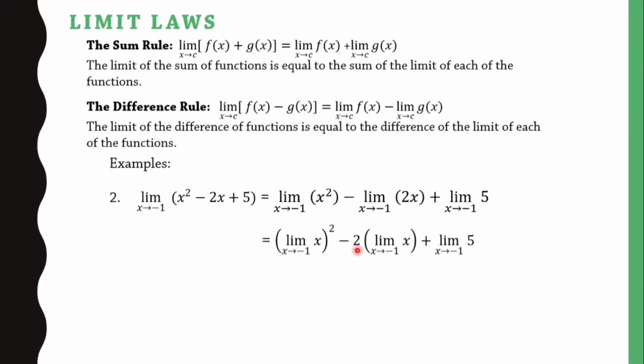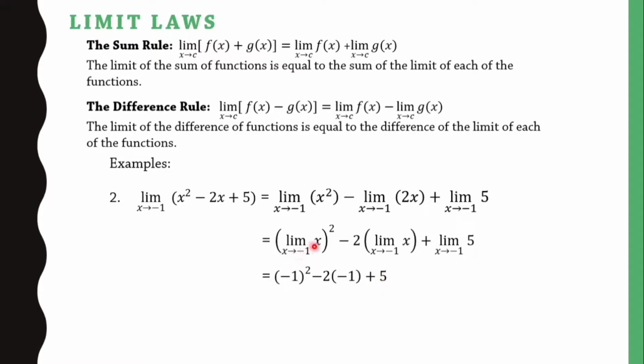So that's 2 times the limit of x as x approaches negative 1, plus the limit of 5 as x approaches negative 1. Now, using the identity rule here, the limit of x as x approaches negative 1 is negative 1. Then we have the exponent squared. Minus 2 times, again, the limit of x as x approaches negative 1, which is negative 1. Plus the limit of 5 as x approaches negative 1, that's 5.